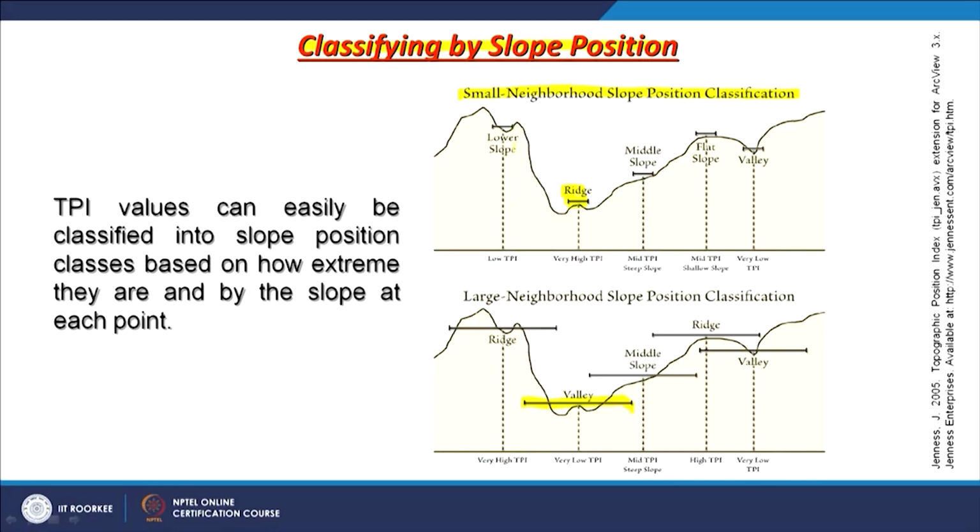Similarly, here a lower slope is identified as ridge, and this flat is identified as a ridge, this is a valley, this is a middle slope. So only the middle slope and valleys are identified correctly, or the same way, in both scales, but otherwise things are identified differently. So depending on the input resolution of your digital elevation model, this analysis can be done.